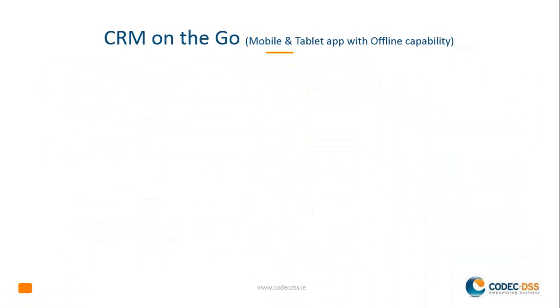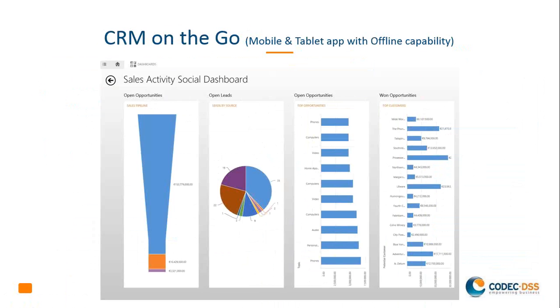Some customers reported that sometimes it's a problem, and now there is a new feature in the CRM tablet and mobile application that you can use the offline capability of the system. So what you can see on the screen here is the tablet version of CRM.